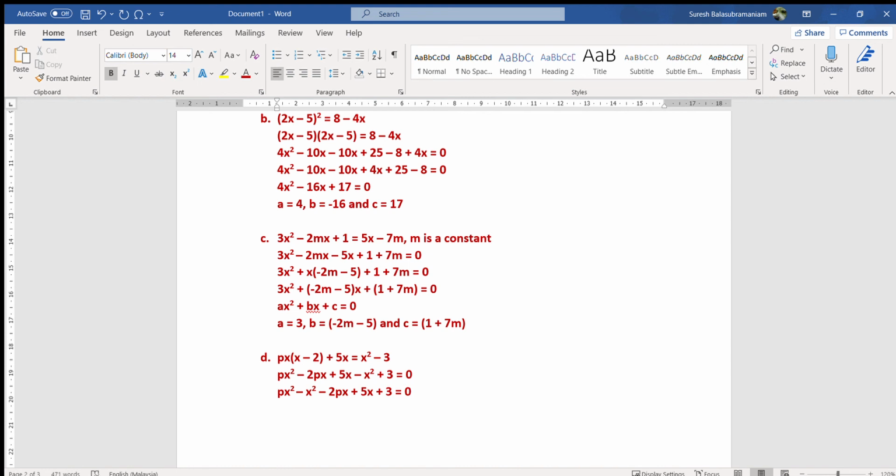So I can factor out x square for the first two terms. So I'll get x square p minus 1 and for the second, third and fourth term I can factor out the x. I'll write there plus x, factor out plus x, I get negative 2p plus 5, and then left with 3.